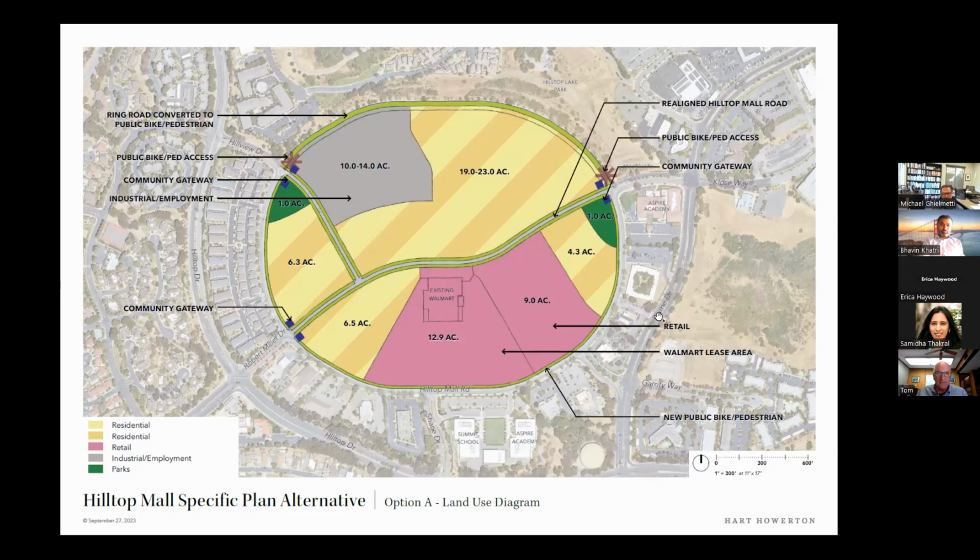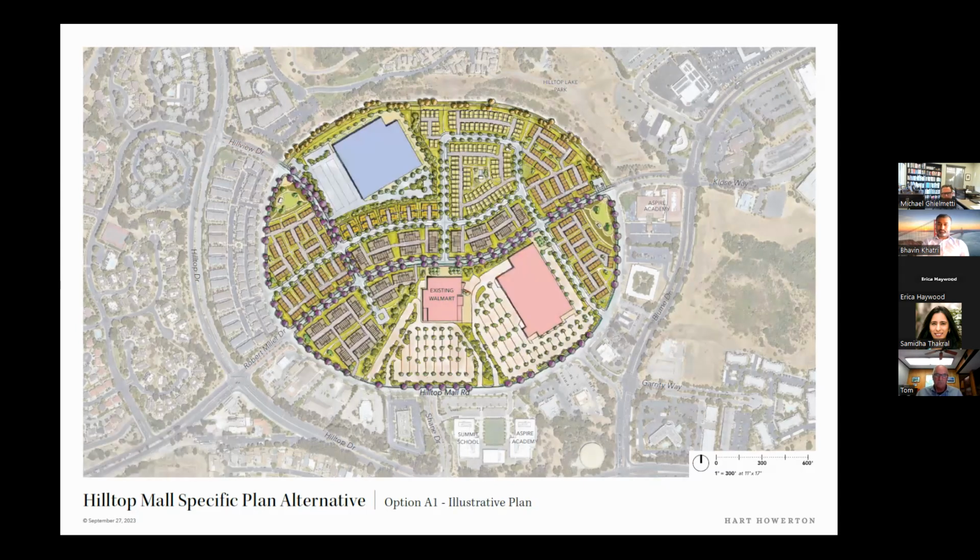So if you take this land use plan and think, okay, how does it get built out? The next exhibit shows you the potential build out. And what's significant here is the roadways through the middle are basically tree-lined public streets with sidewalks. We then retain the Walmart and we add a 9-acre site.